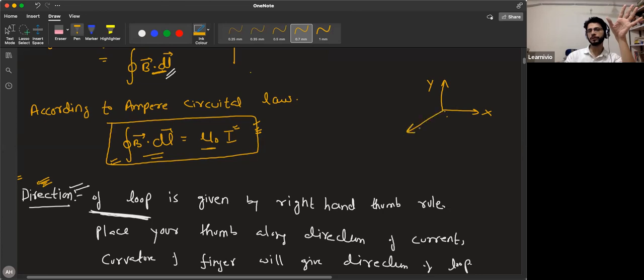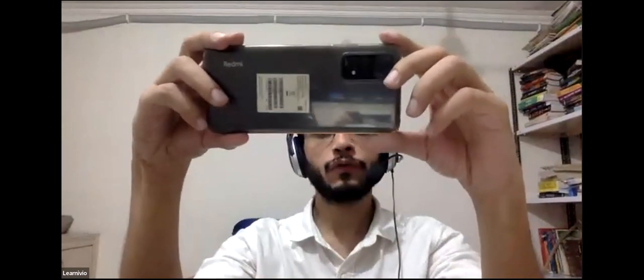If you place your mobile phone this way, this side is parallel to the x-axis and this is parallel to the y-axis. You can say this is the xy plane.